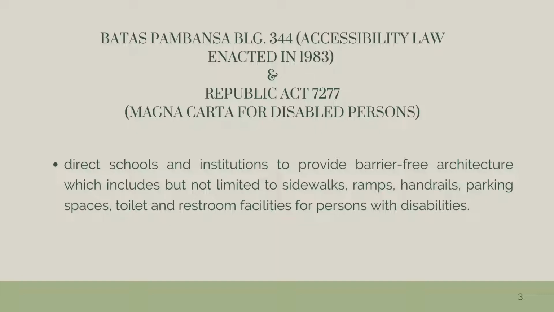The law provides that classes that have students with physical disabilities should be held on the ground floor as much as possible. Within the classroom, the problems of students with physical disabilities may be solved by simple procedures that require little or no cost at all, like the following.